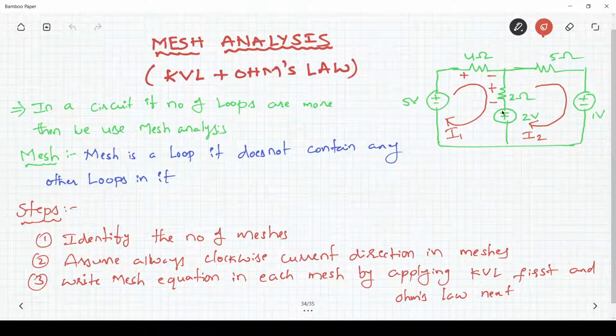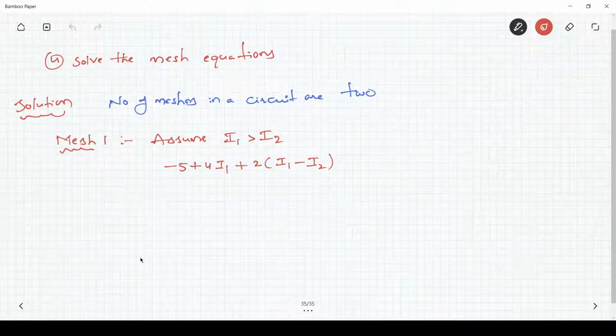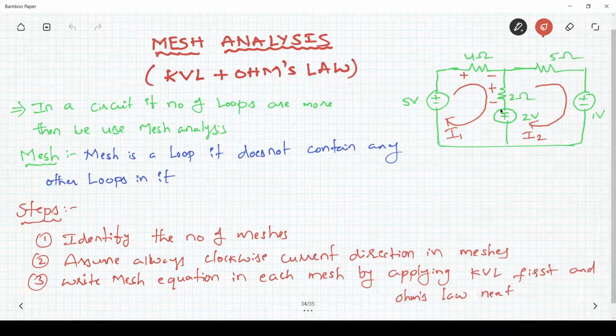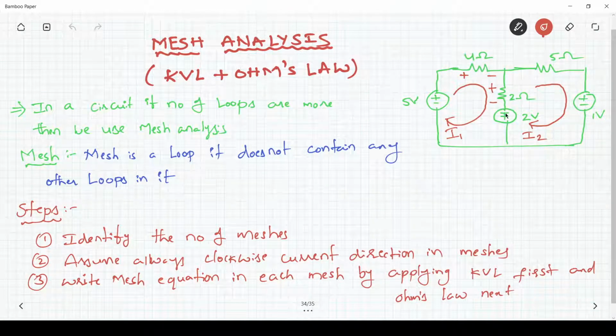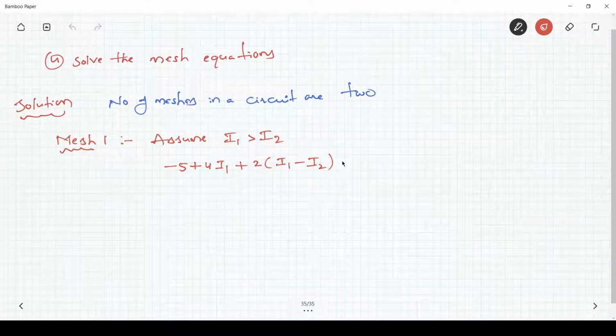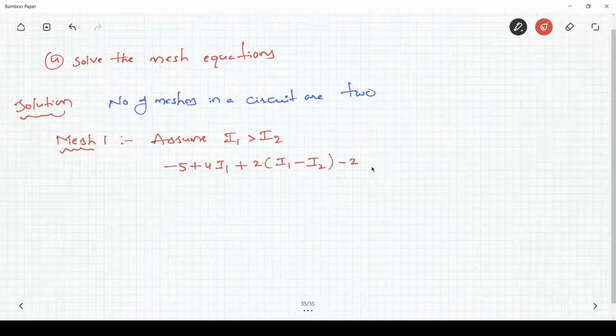This is the supply of 2 volts. In the supply, current is touching the negative terminal of the 2 volts first. So I write minus 2 is equal to 0.